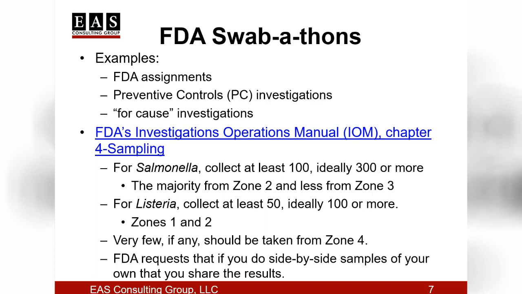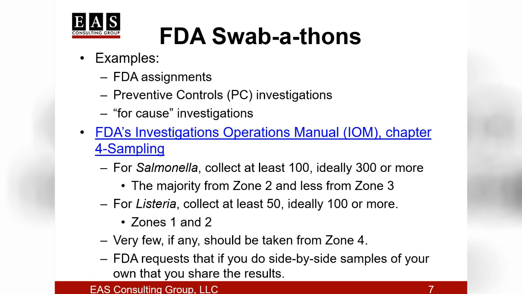The FDA had chosen the top 10 dietary supplement manufacturers, and they were going in with no warning and doing a swab-a-thon, and that was for the purpose of gaining data from that industry. The same was true for the raw milk cheese factories.